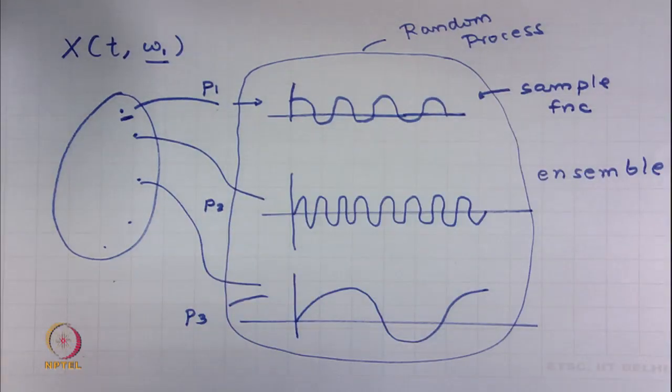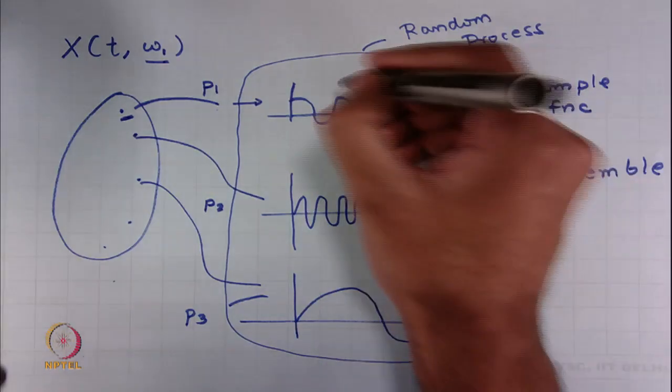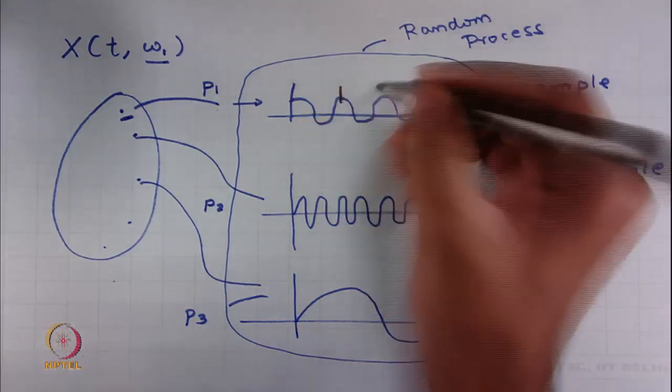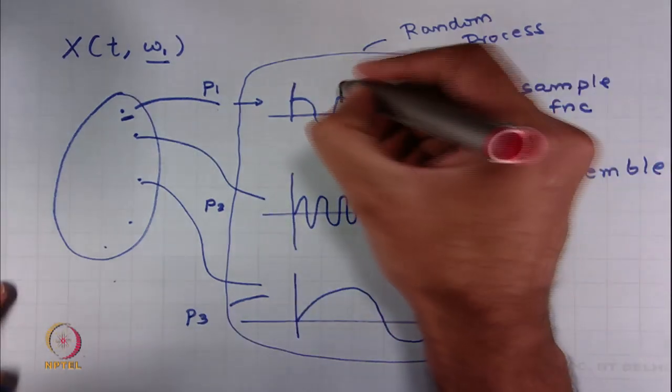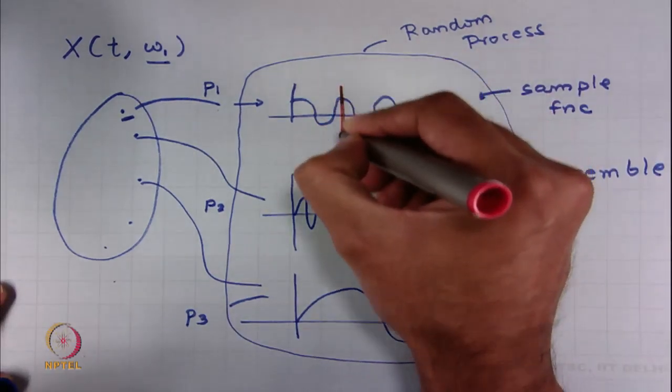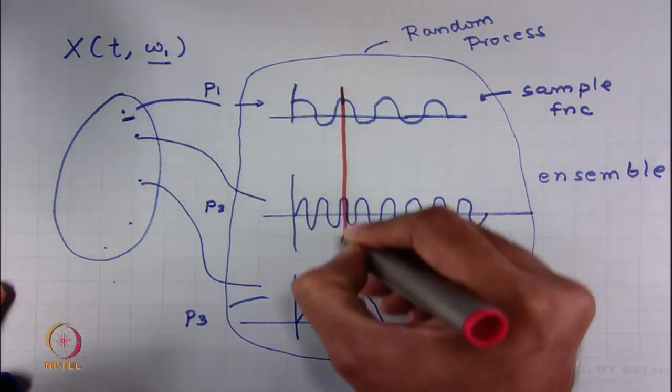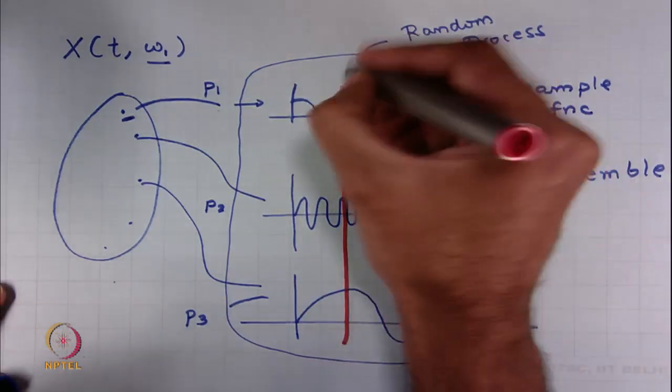So, let me now do one trick here, it is not a trick, we are just trying to understand this better. Let me now choose a specific time instance, let me choose T1.